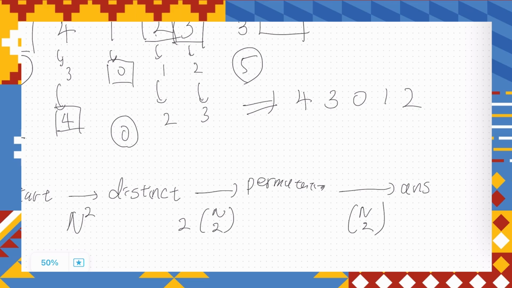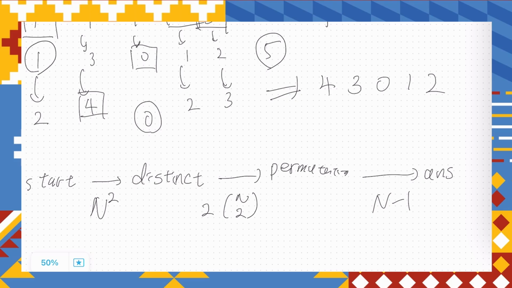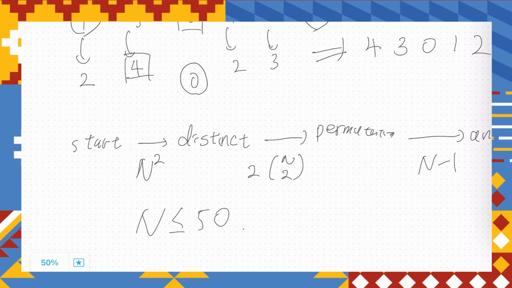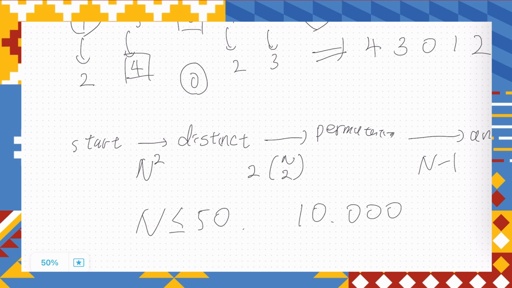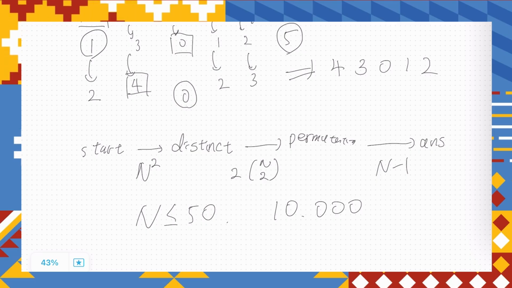And to make them all the same, we only need n minus 1 operations. Since this problem's constraint says n is up to 50, and we can make 10,000 operations, these are sufficient. This is the solution. Thank you.